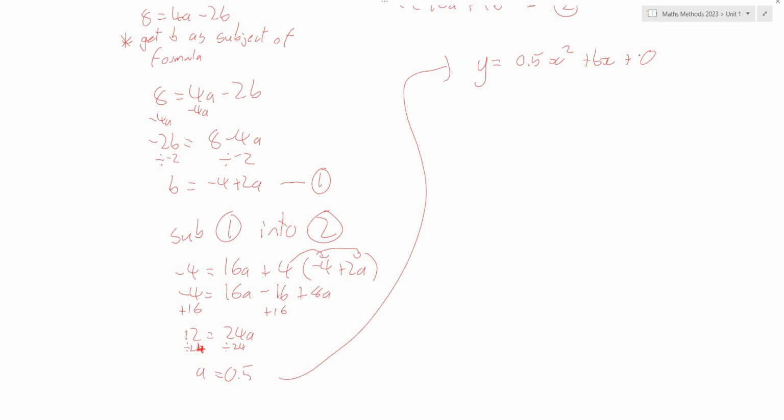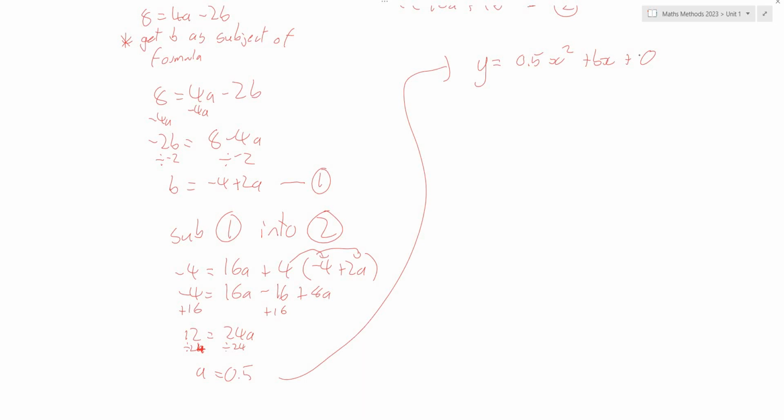b. We haven't solved for b yet. There's a few ways you could go from here, guys. The easiest way, I think, to solve for b, if we look at equation 1, see equation 1 already has b by itself.